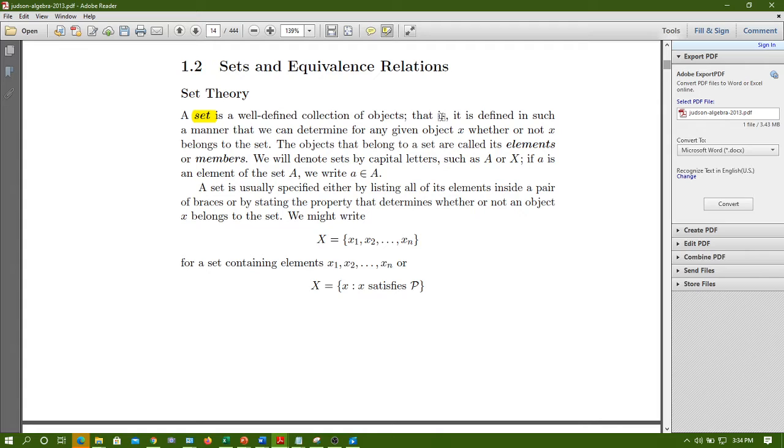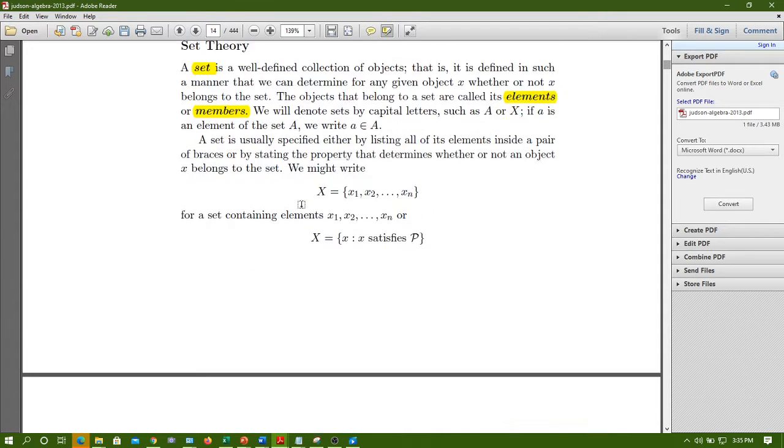When we say well-defined, we know that there is a certain object that really belongs to that set. We call elements or members those things or objects that belong to the set.